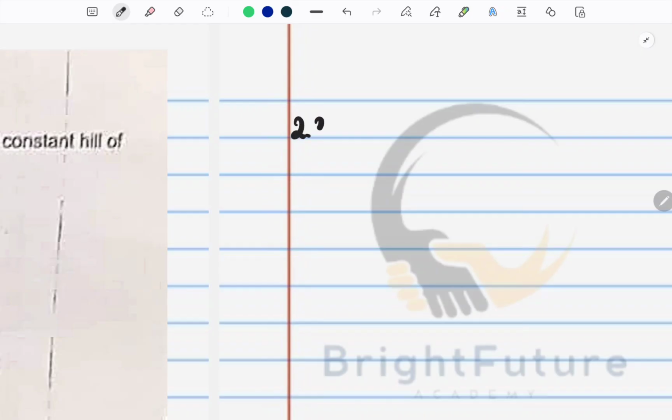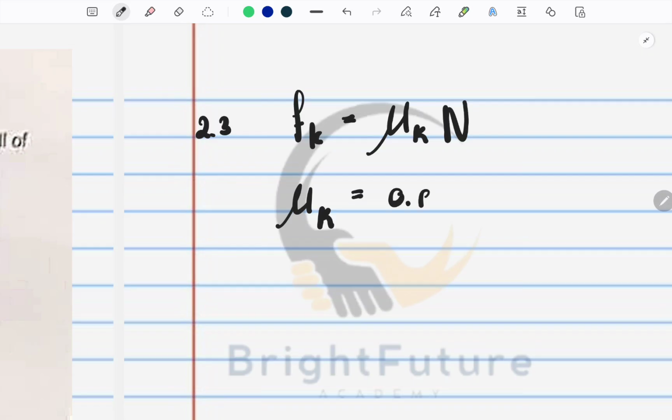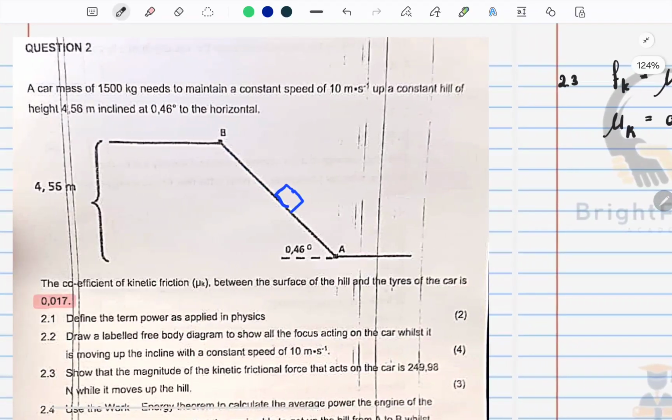This is your 2.3. With the coefficient of friction, we know that the frictional force is equal to mu k, your coefficient of kinetic friction, times the normal force. And we know that your mu k, they said, was 0.017, according to the statement here.